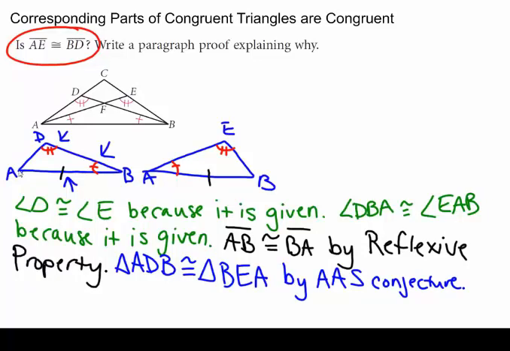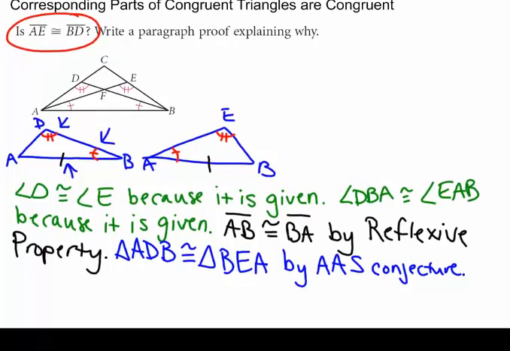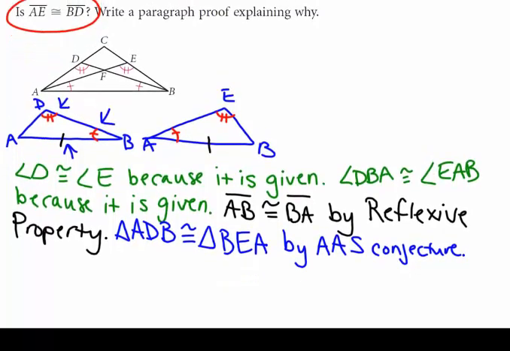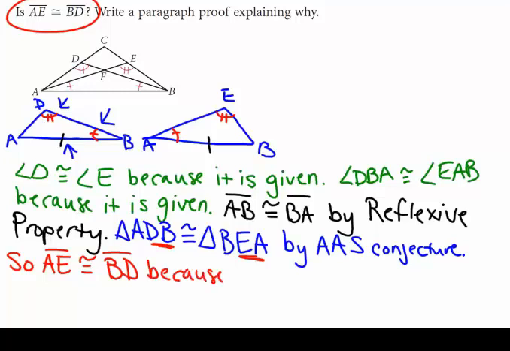Okay? All right, so now that I have shown that those two triangles are congruent, I know that corresponding parts are congruent. So if I have BD here and I have AE here, those are corresponding parts. So segment AE is congruent to segment BD because we have shown that the triangles are congruent.